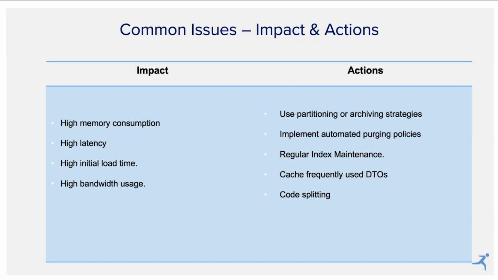For example, if there are queries that use resources heavily, we need to add an index for that query and monitor it. But we need to make sure we don't overdo the indexing, because that will also cause DB issues. We could cache frequently used DTOs, so we can avoid the memory intensive data conversion.